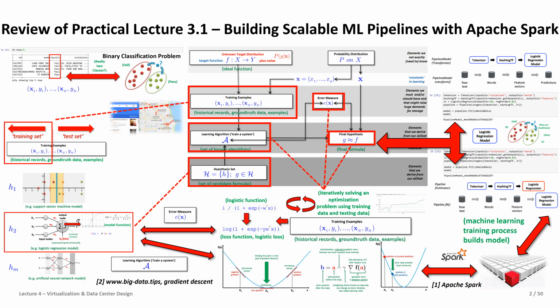Now, the error measure is something you have to pick as well. With the logistic function in logistic regression, the loss function often used is just the logistic loss. This brings into perspective another part of our diagram, because you need this error measure to really know if you're getting better in learning, right? We want to knock down the error, we want to improve, we want to minimize it.